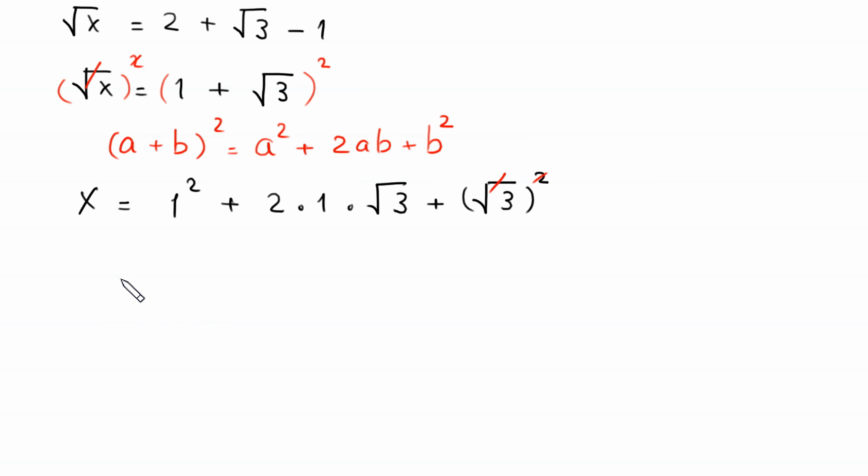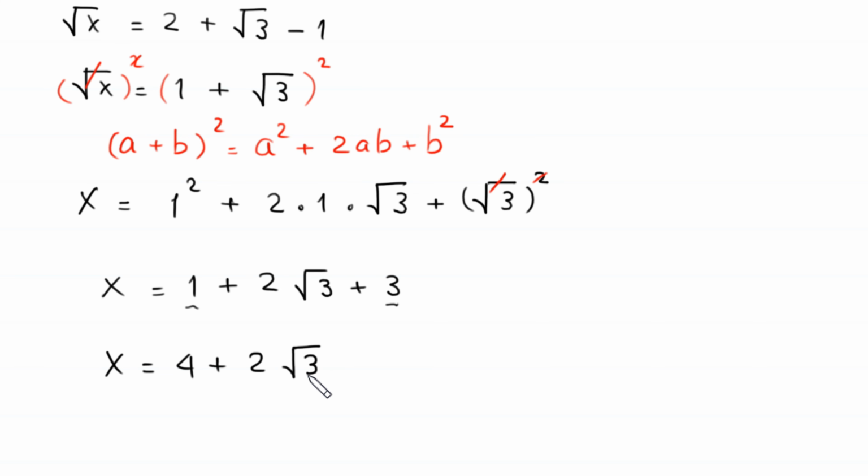This will become x is equal to 1 plus 2 times root 3 plus 3, and x will be equal to 1 plus 3 which is 4 plus 2 times root 3. From this case we get this value of x. Now we solve the second case.